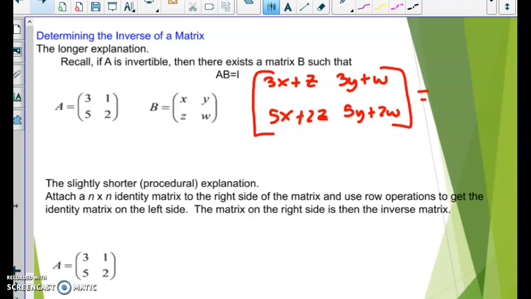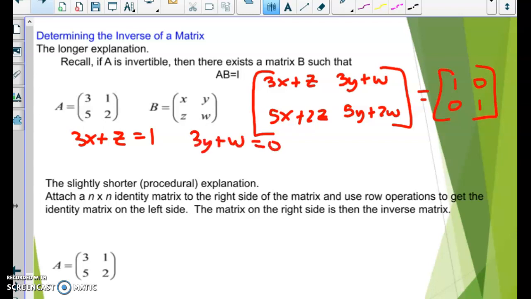Well, I know this has to be equal to this identity matrix, so I'm going to make my system of equations. 3x plus z is equal to 1, and 3y plus w equals 0.